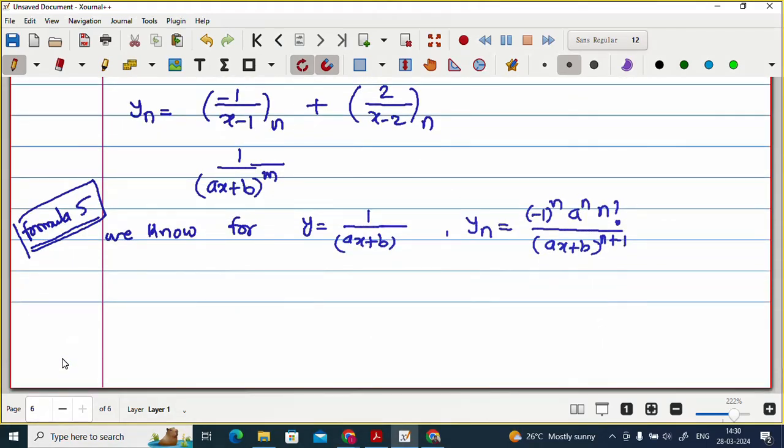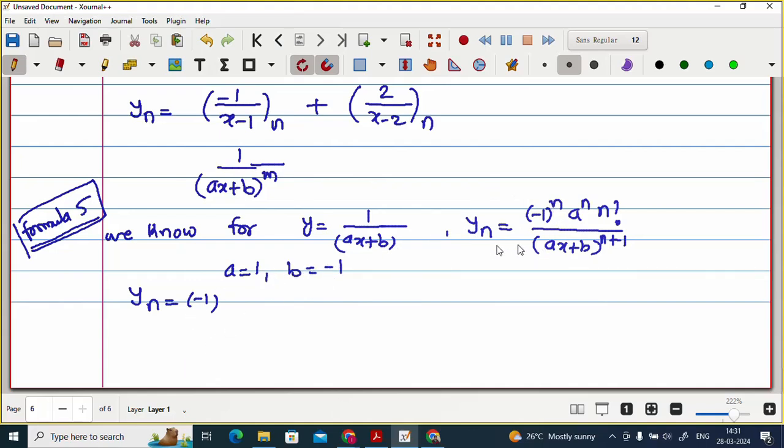So we need what? Yn. If I compare this, the minus we will keep outside. So here it will remain only 1 upon x minus 1. So if I compare 1 upon x minus 1 with 1 upon ax plus b, what is a? A is 1. What is b? Minus 1.